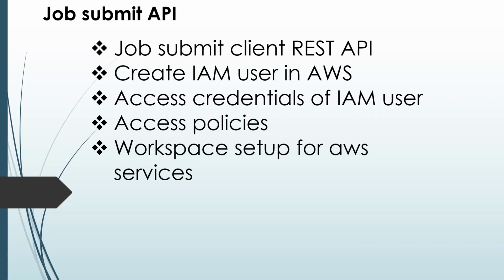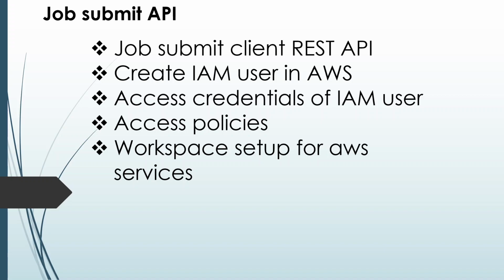And later on, we will set up our workspace to use the AWS services because we have to use the SQS service in our client API to create an SQS and also to listen to the messages that are being pushed by the backend API, right? So for that, we have to use the SQS service in our client side project.